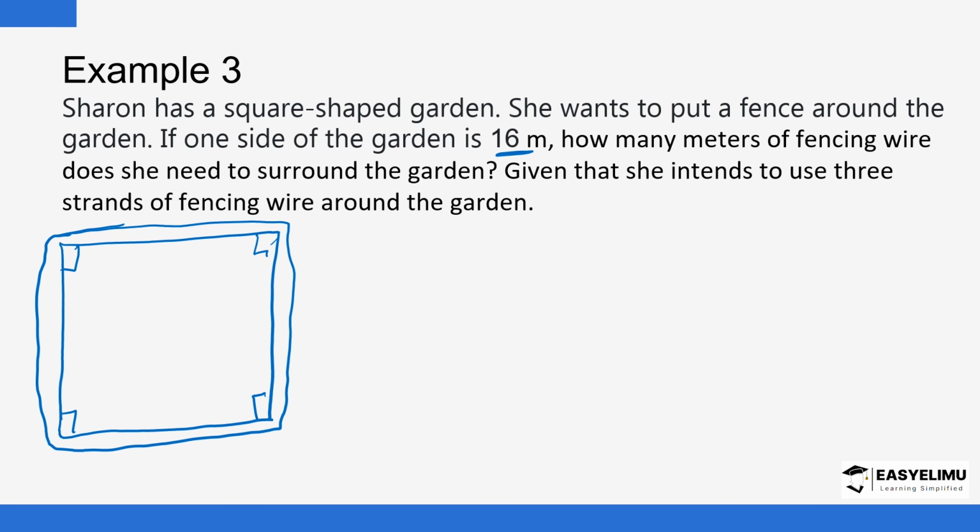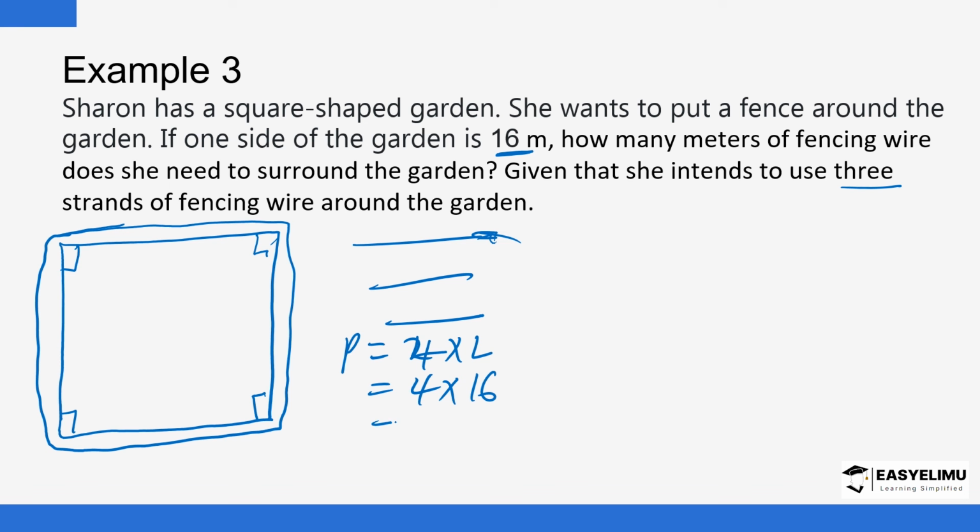But then, given that she intends to use how many strands? 3 strands. So you need 3 lines. So 1, 2, 3. Each of them going round. So you just find the length of one round, and then you multiply by 3. So first of all, the length of one round, one strand going round the garden, will be the same as the perimeter. So let me start with the perimeter, which is 4 times L. So 4 by 16, what is that going to be?